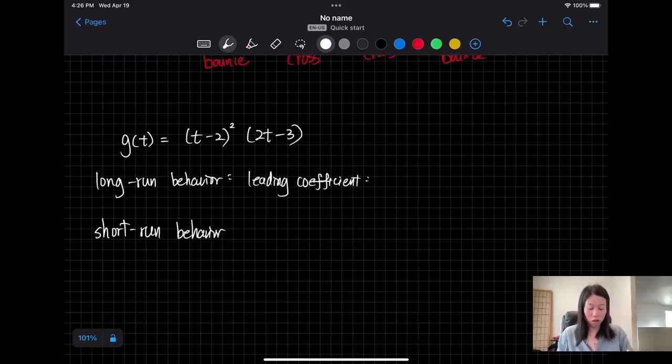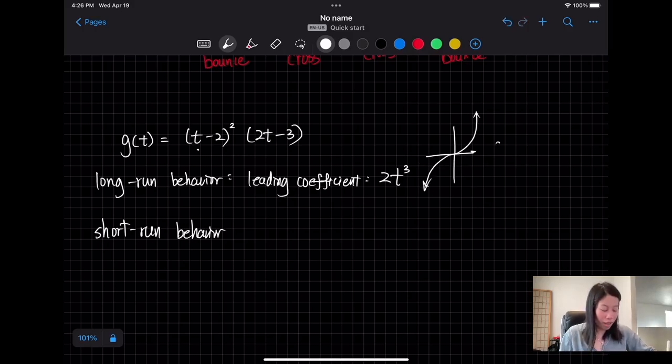The highest term for the first factor is going to be t squared, times 2t. So that means for the leading term, you're going to have 2 times t to the cube. So the function is going to be similar to this one in the long run.